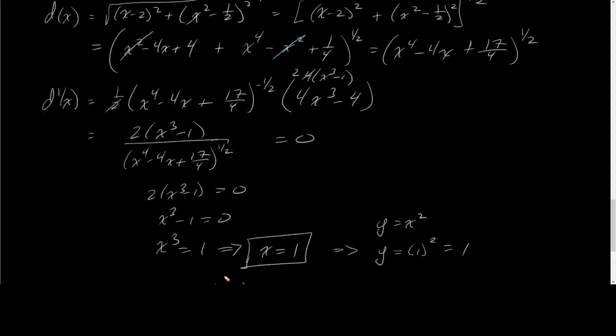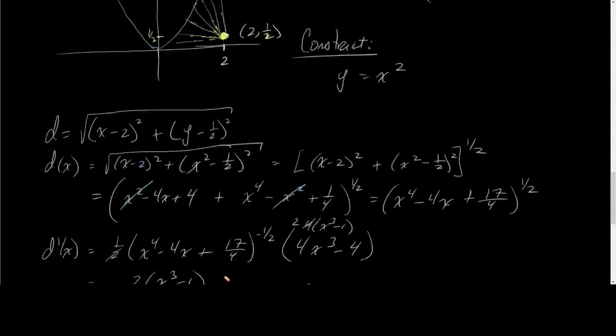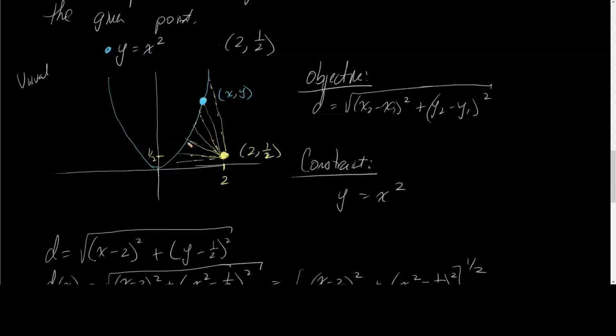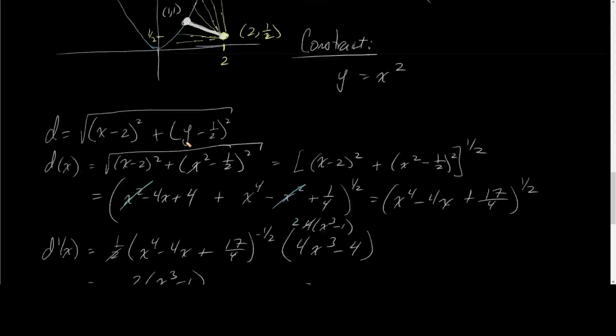All right, that's the closest point to the given value. So in other words, we've got some point here, maybe this one right here. That one right there is (1, 1), and that would be the shortest distance, or the shortest line that we could create from that point to the function. All right, that's what we found there.